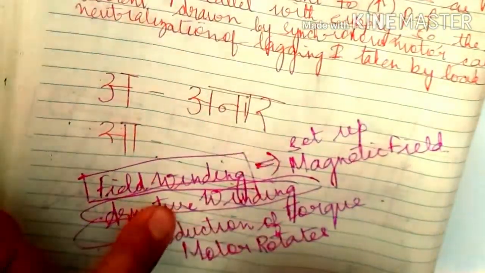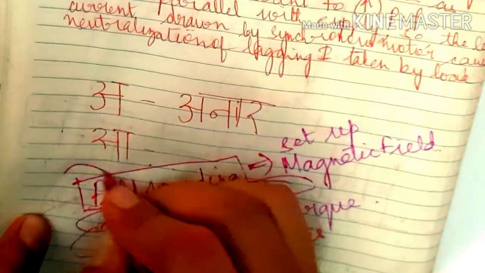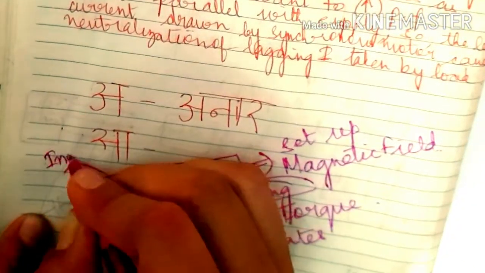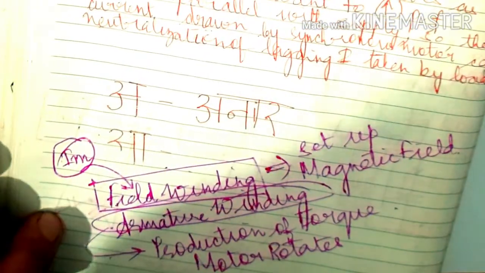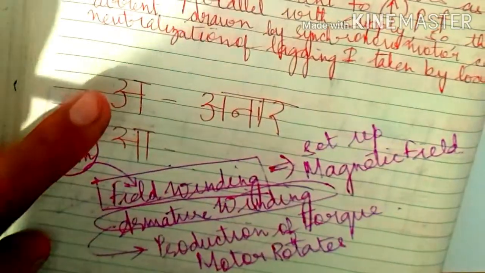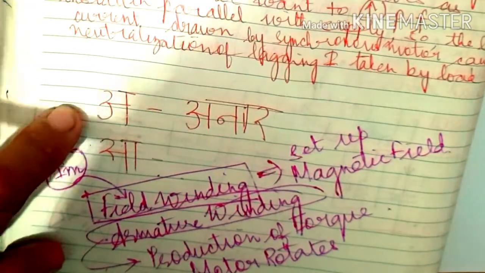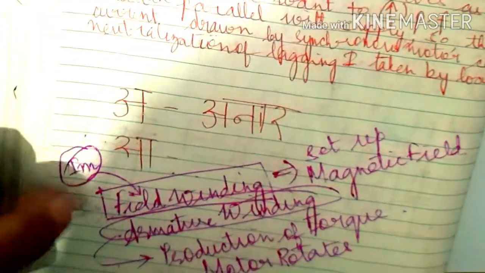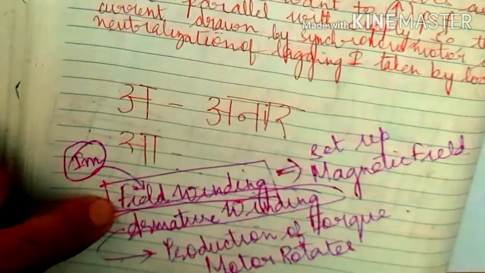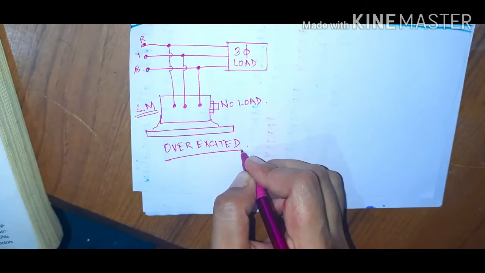To that field winding you have to provide a current, and that current is known as the magnetizing current. Now if I have a synchronous motor and it is over excited, that means a lot of current is being given to the field winding.